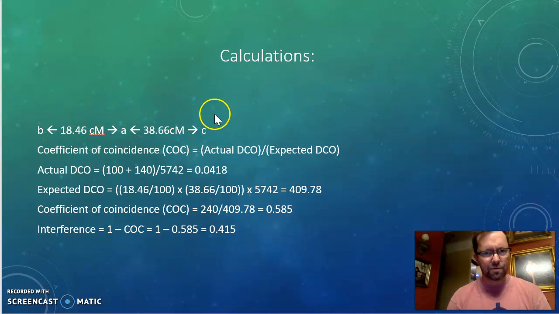Here is my crude little map from B to A to C with the 18.46 centimorgans and 38.66, which leaves us a little tad over 52.